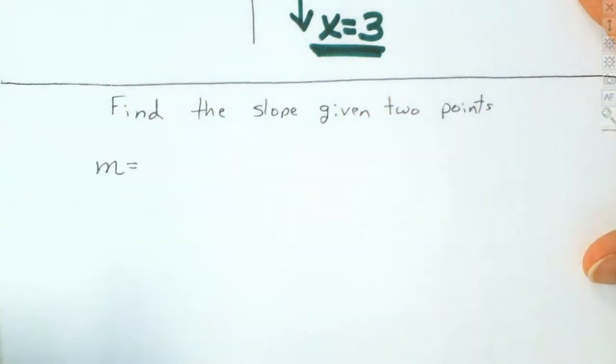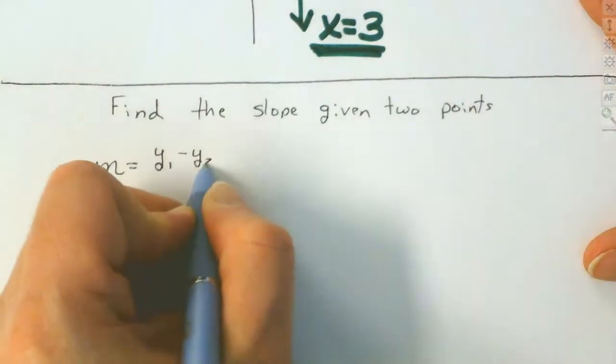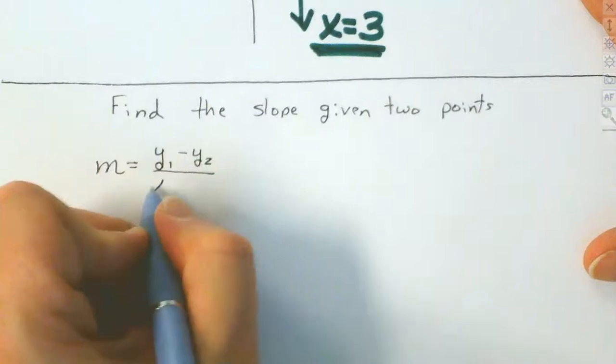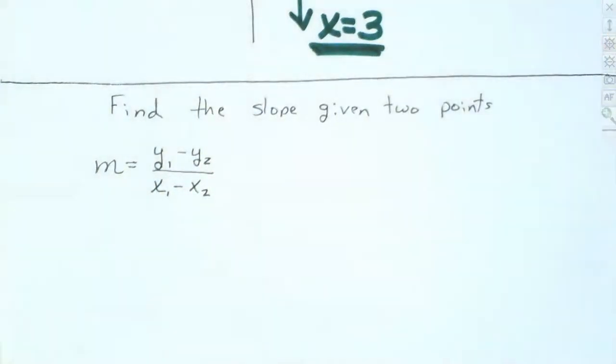And your slope formula is m equals y1 minus y2 over x1 minus x2. So we're going to be using this formula now to find the slope.